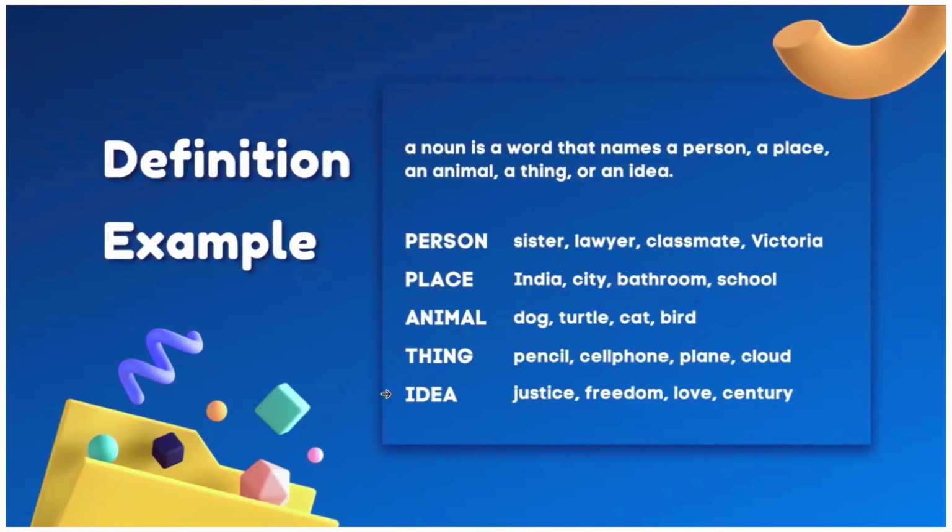Idea: justice, freedom, love, country. So, whenever we are giving names to a person, place, animal, thing, or an idea, it is called noun. To repeat, noun is a naming word.